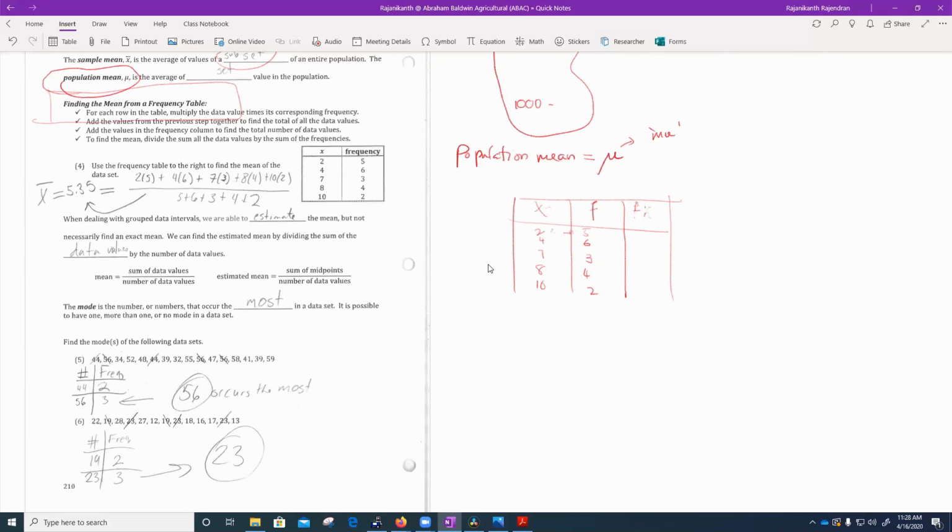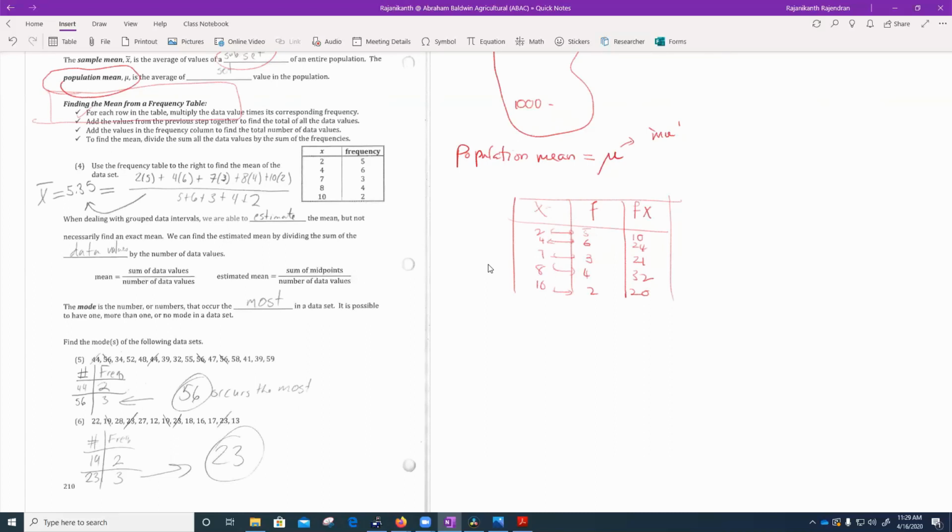So 2 times 5 is 10, 4 times 6 is 24, 7 times 3 is 21, 8 times 4 is 32, and 10 times 2 is 20. Simply add them. After that, add the values from your previous step together to find the total of all the data values.